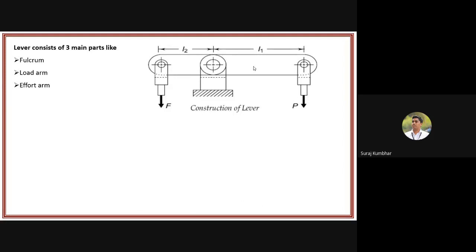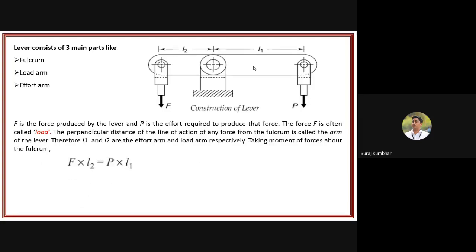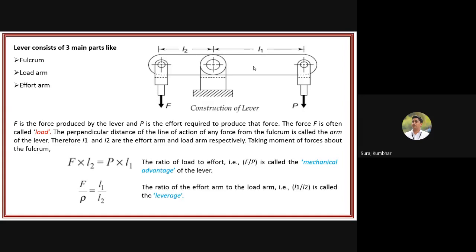Then we have seen mechanical advantage and leverage. What is mechanical advantage? The F upon P ratio is called mechanical advantage, and the ratio of effort arm to load arm, that is L1 upon L2, is called leverage. Once you take the moment at the fulcrum, you will get the equation F into L2 equals P into L1.